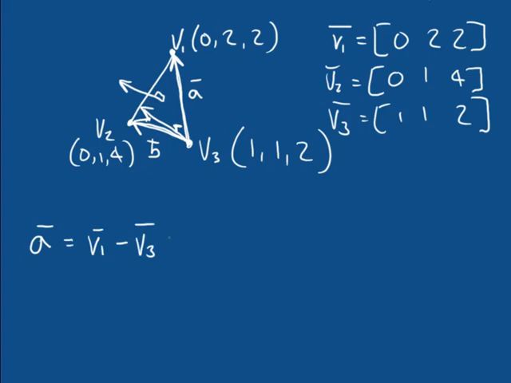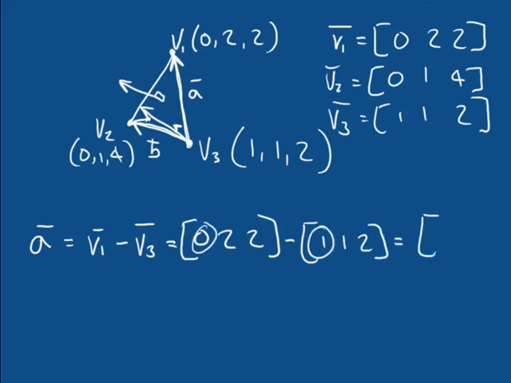So that means it's equal to V1, 0, 2, 2, minus V3, 1, 1, 2, which means it's equal to 0 minus 1 is minus 1, 2 minus 1 is 1, and 2 minus 2 is 0.